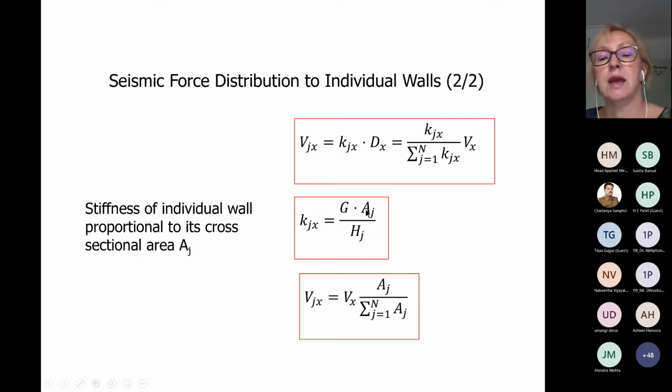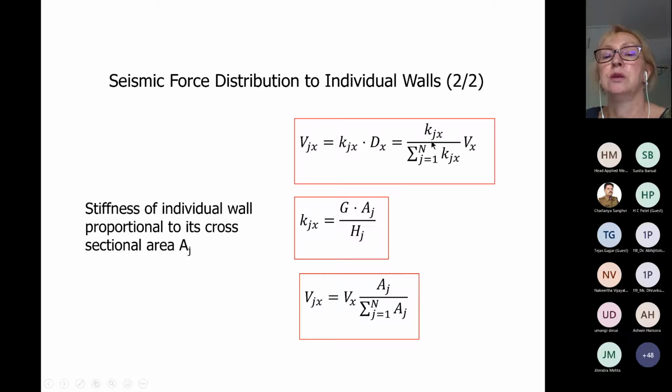In this case, the area could be 5 meters long times 23 centimeters thick, for a brick masonry wall.